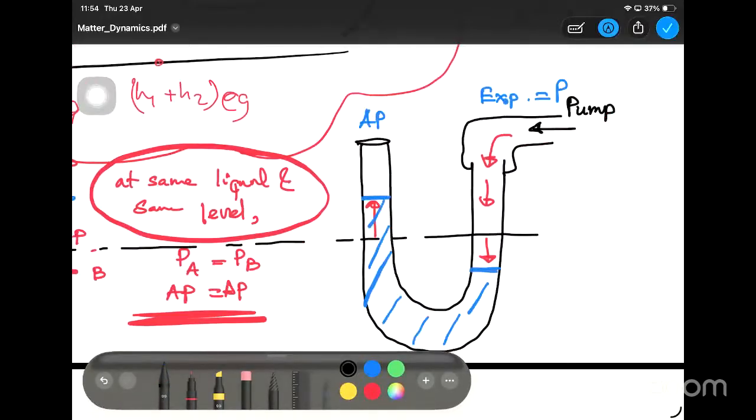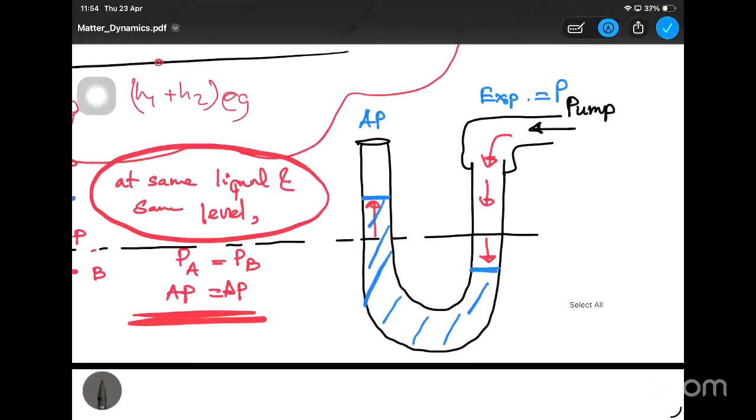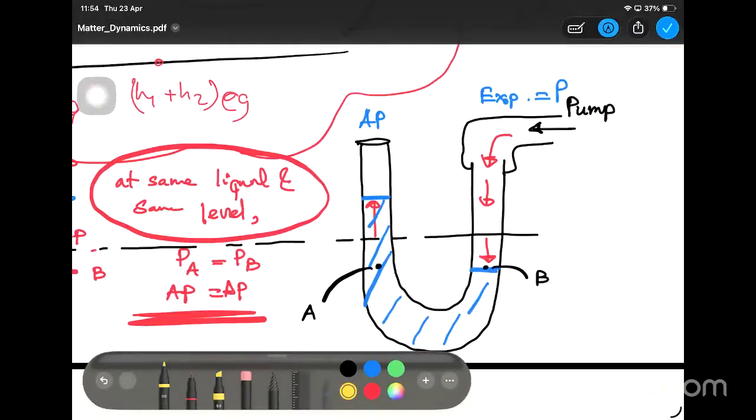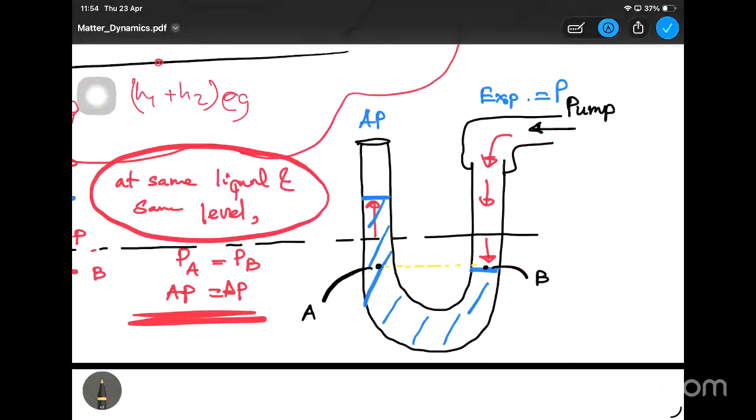Now we need to calculate the height difference between the two arms. Again, you are choosing two levels, two points. This is going to be point A for the liquid molecule A, and this is going to be liquid molecule B. These two are at the same level, same level, same liquid.